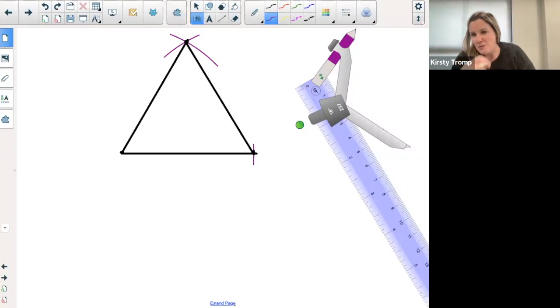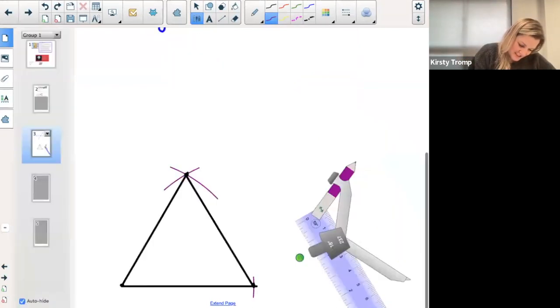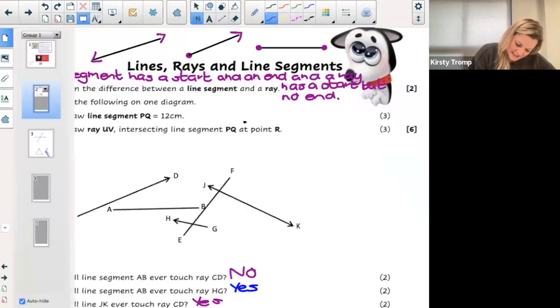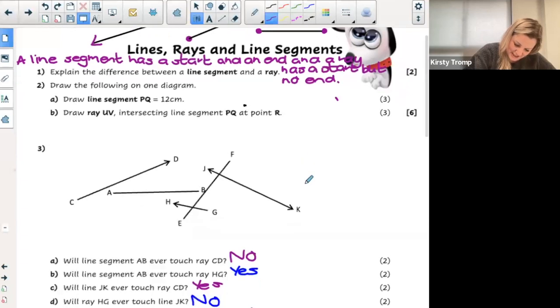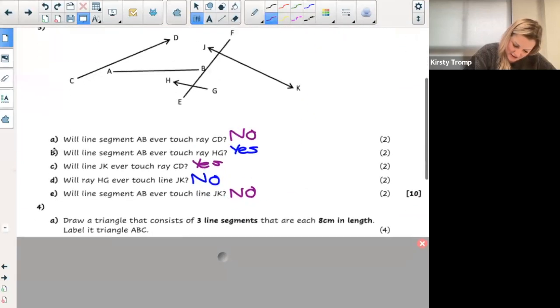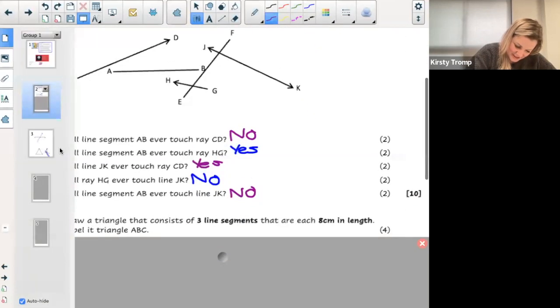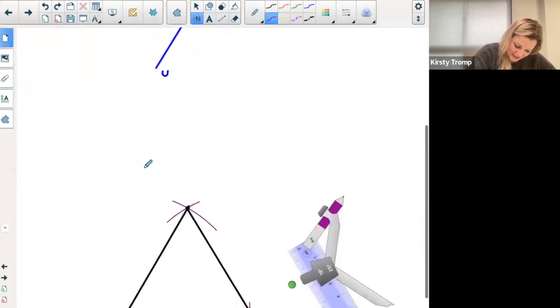No, ma'am. Ooh, what am I missing, Christian? You forgot to label the triangle sides, that they are all the same because they're equilateral. Well done, you're amazing, Christian. I forgot to label the triangle sides. They told me that the triangle needs to be labeled ABC.